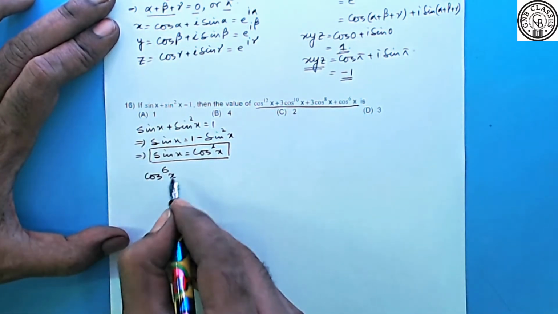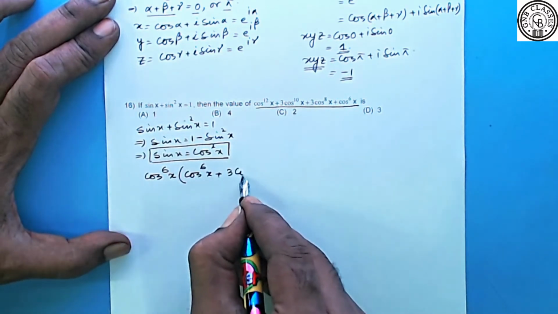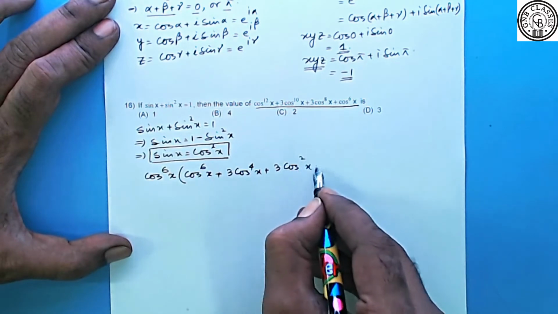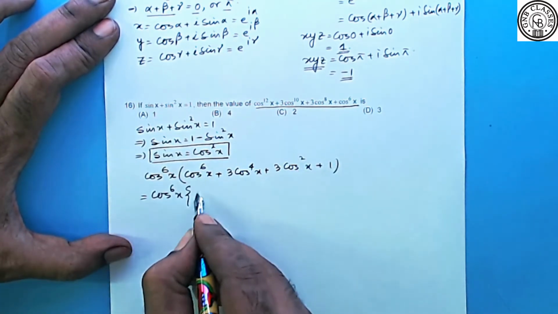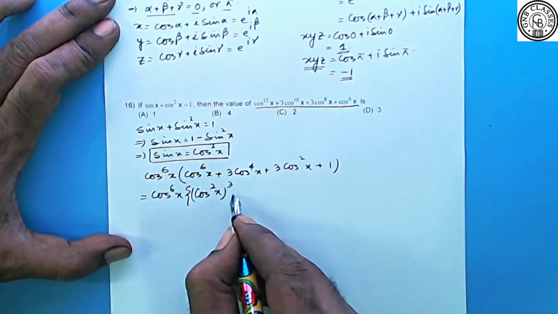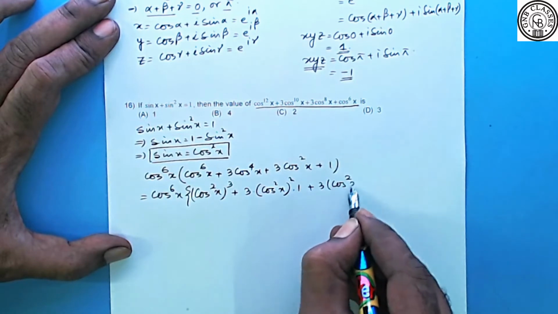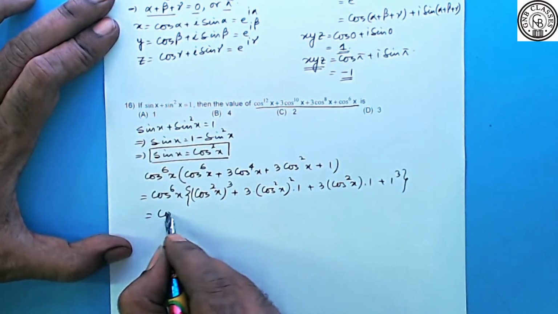Let me take cos to the power 6x common. So we are left with... this can also be written as... so this is the formula of a plus b whole cube.